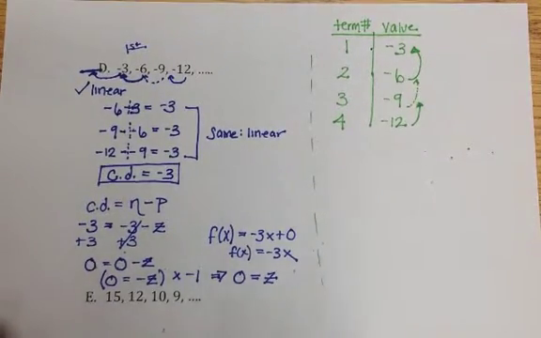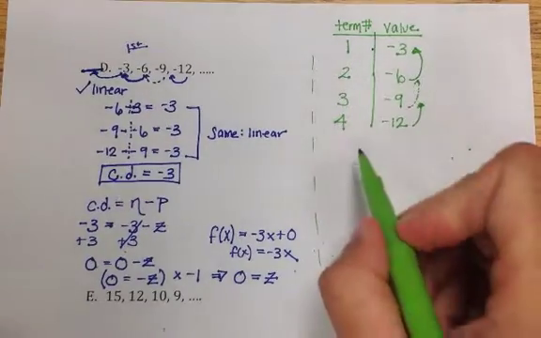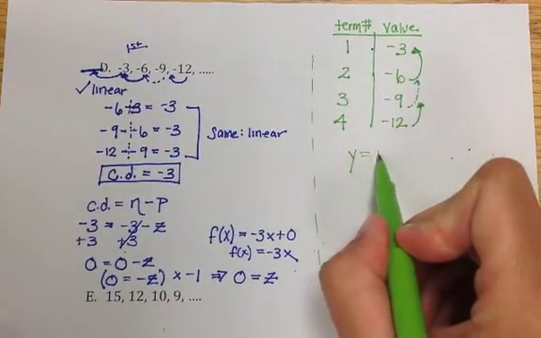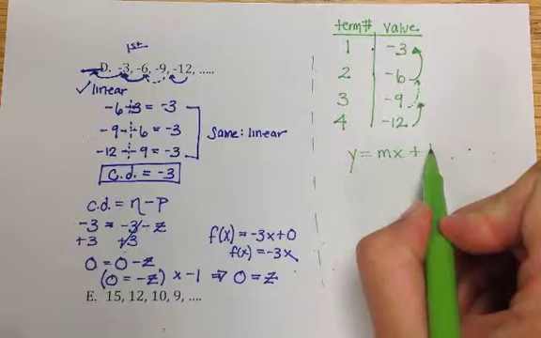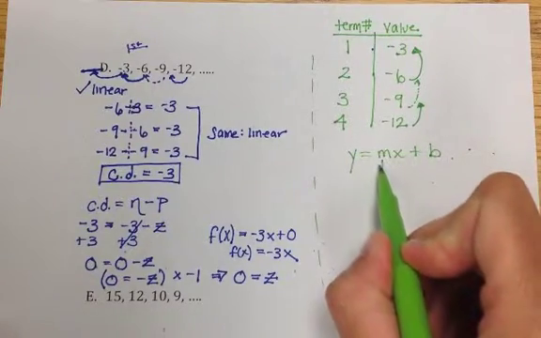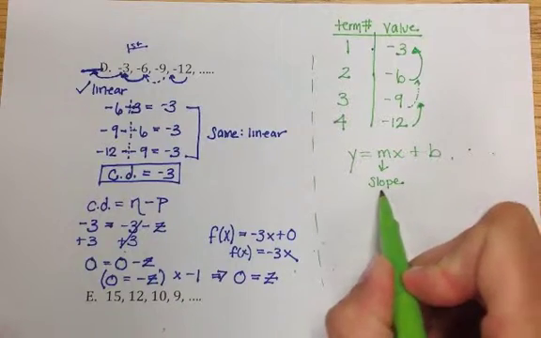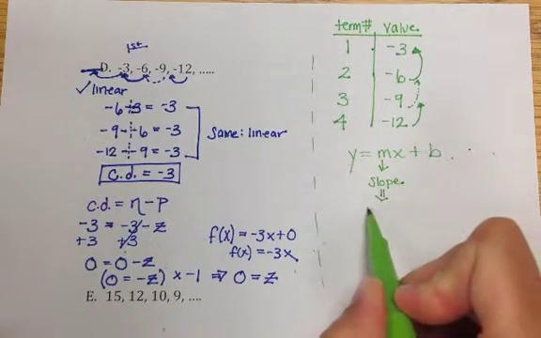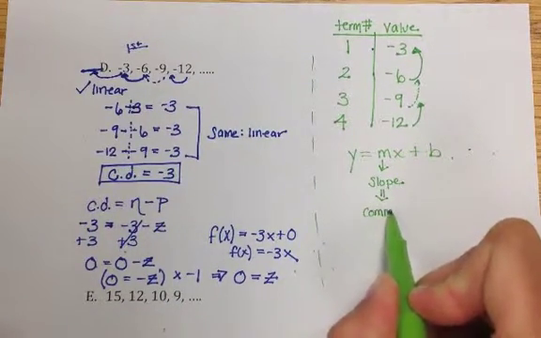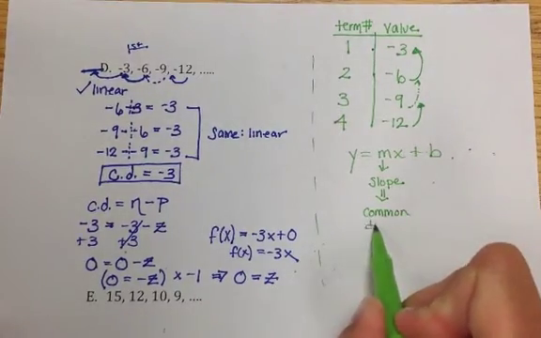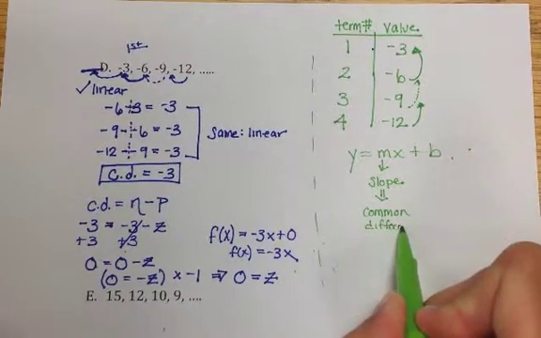A linear function, as we know, has the equation y equals mx plus b, where m represents the slope, and the slope is our common difference, how we're moving from one term to the next.